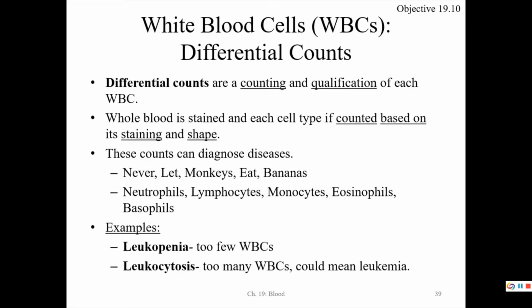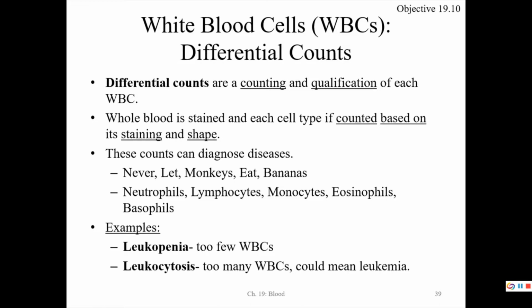That's my mnemonic. Okay, let's talk about a differential count. Basically what we do is we take our cells, we stain them, we count them, and we qualify them. That means I identify them as an individual cell. I say this is this type of cell, this is that type of cell. They can be classified and counted based on staining and shape.